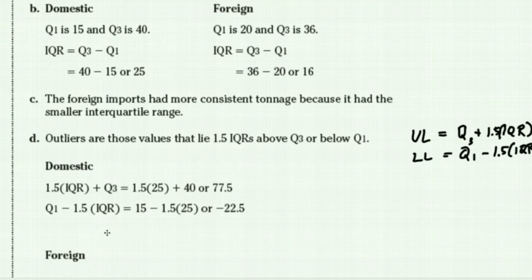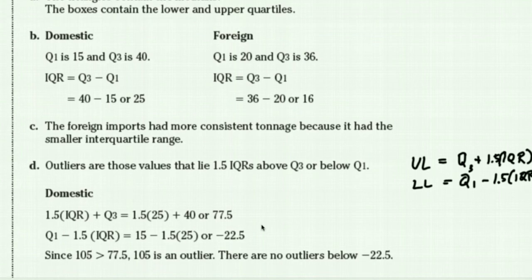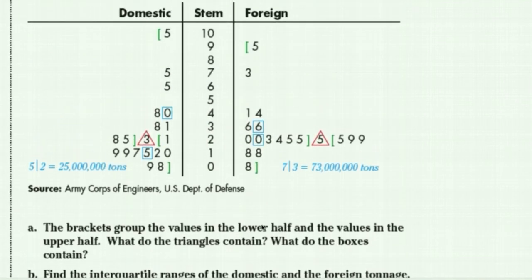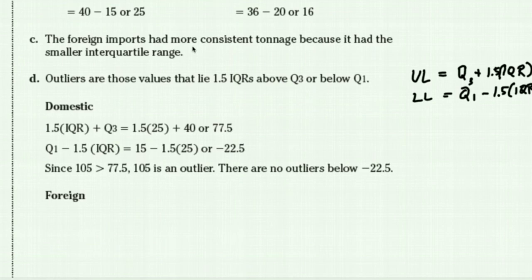If you look at our set of data, since 105 is greater than 77.5, 105 is an outlier. There are no outliers below negative 22.5. See, 105 is beyond our upper limit, and therefore it is an outlier.